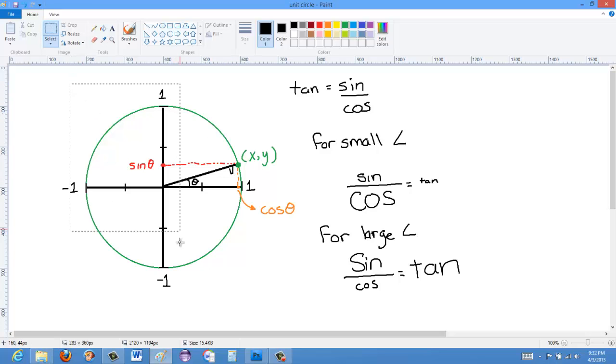In further videos, I might discuss how sine, cos, and tan work in the other 3 quadrants. So this would be quadrant 1, 2, 3, and 4. I might talk about how they behave in 2, 3, and 4, but so far, we're just looking at how they behave in quadrant 1.